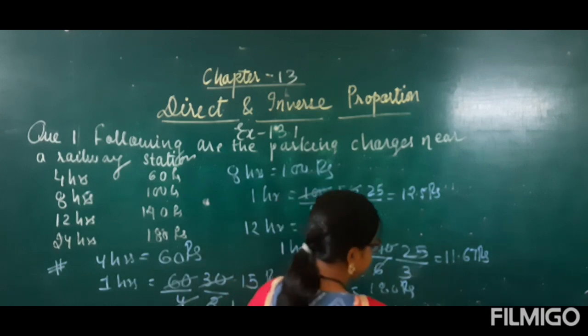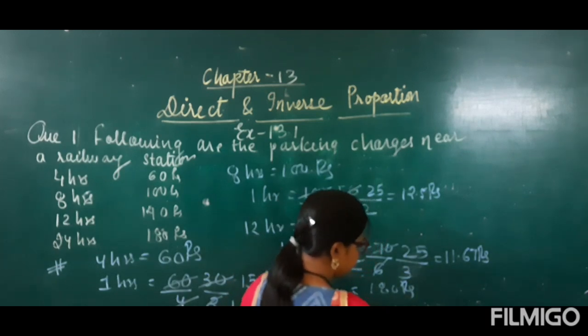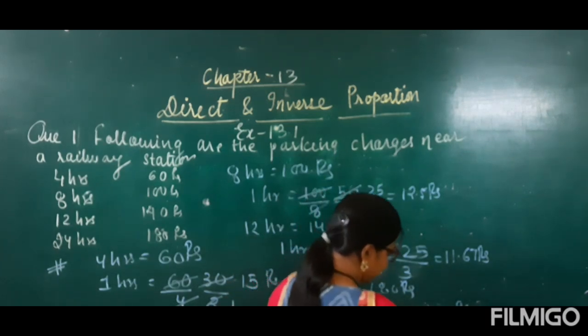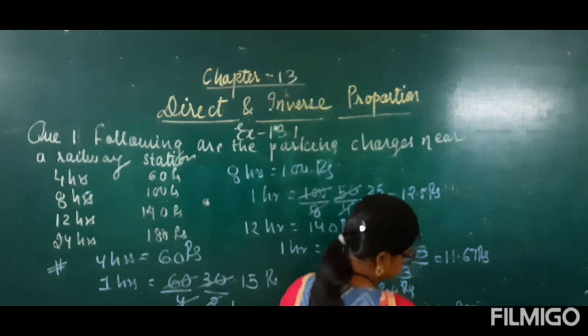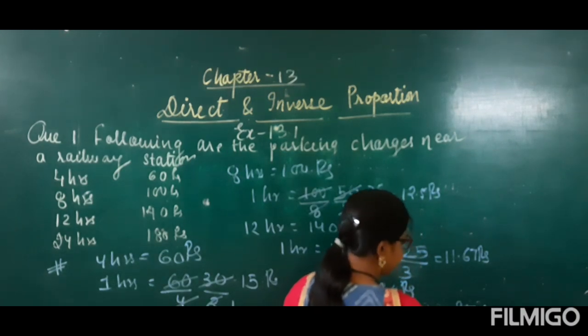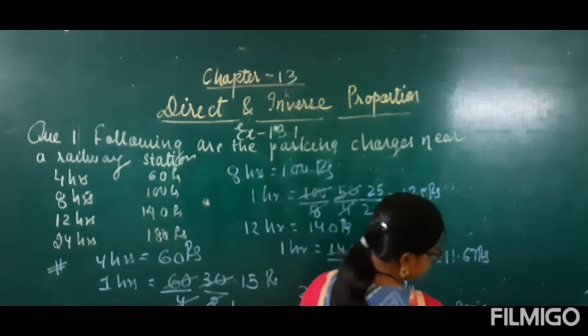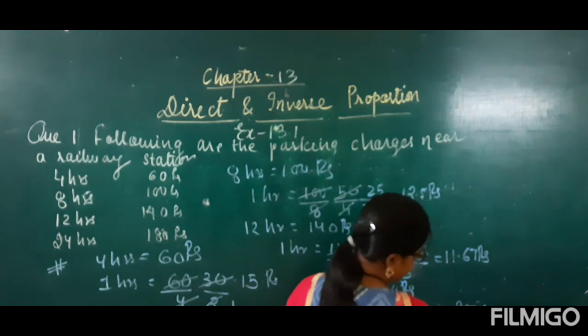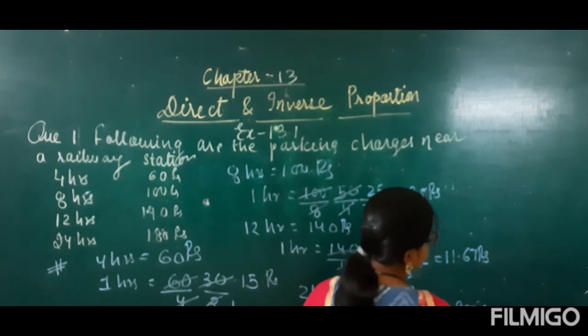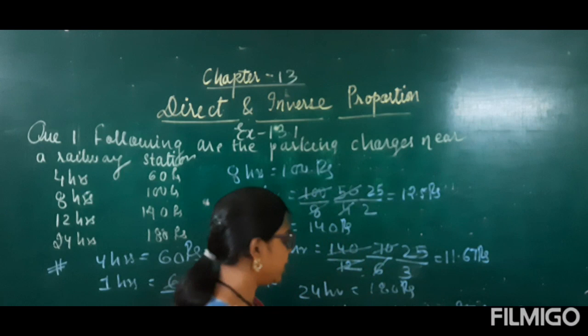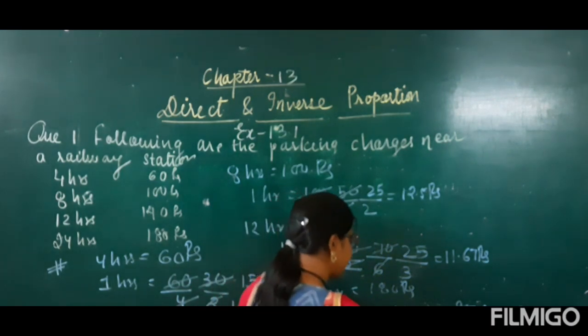Solving this step by step, we get 15 by 2, which is 7.5 rupees.